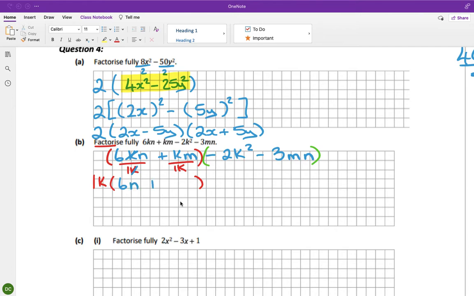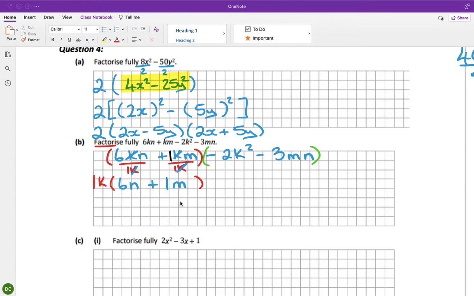Plus, there's an invisible 1. So 1 divided by 1 is 1. The k's cancel again, and leave me with m. I don't know if this is going to work this way, is it? Should I have rearranged?